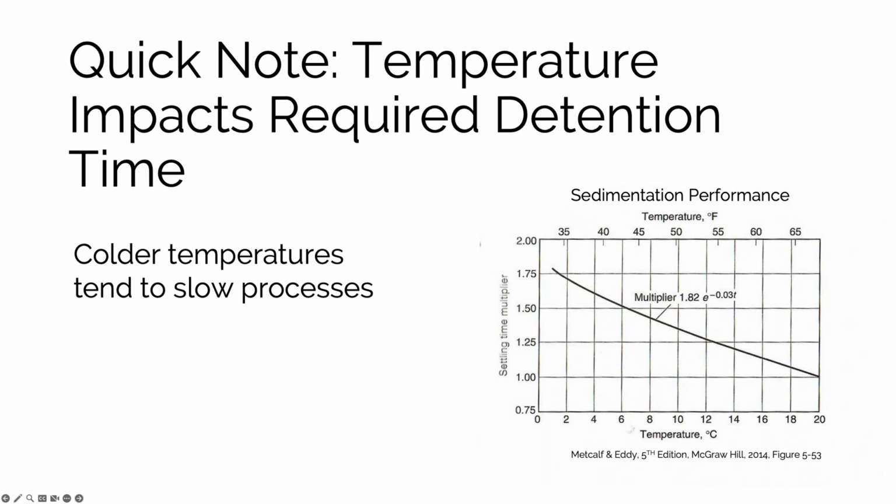This graph reads kind of backwards, but if you were going to try and figure out what your settling time was at 35 degrees, you do that equation and then multiply it times 1.75. So at freezing, this process takes almost twice as long as it does at 75 degrees. So again, just a preview of coming attractions.